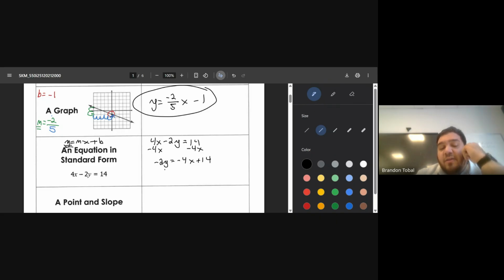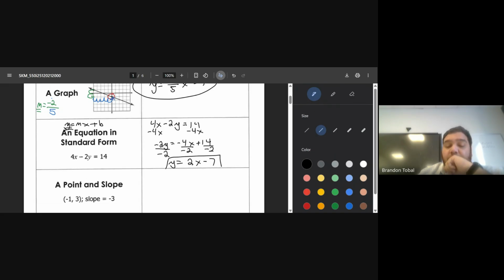After I do that, I need to get the y by itself. So I'm going to divide by -2. Remember, both things get divided by -2. So y equals -4 divided by -2, that's +2. And 14 divided by -2, that's -7. So y equals 2x minus 7.